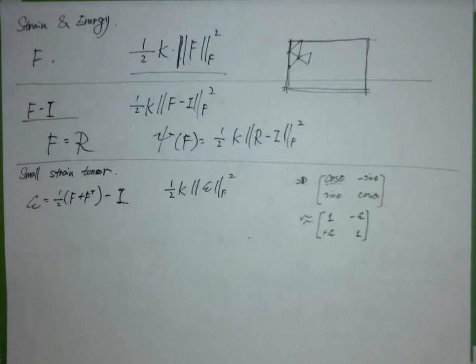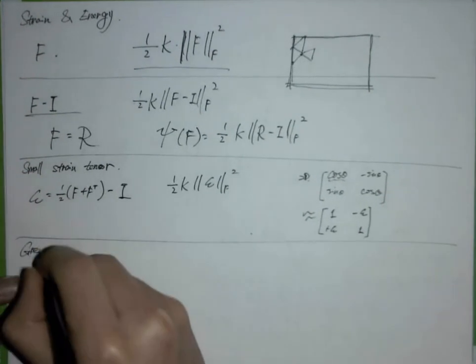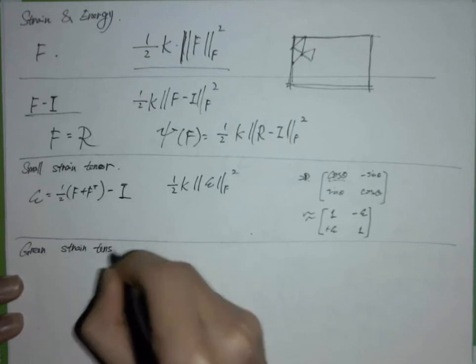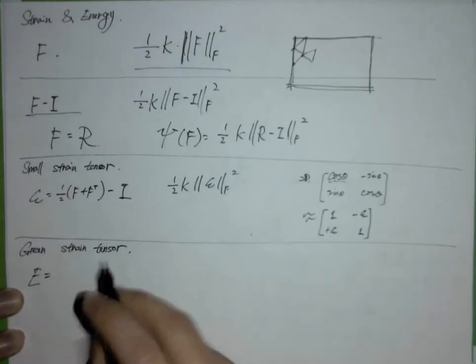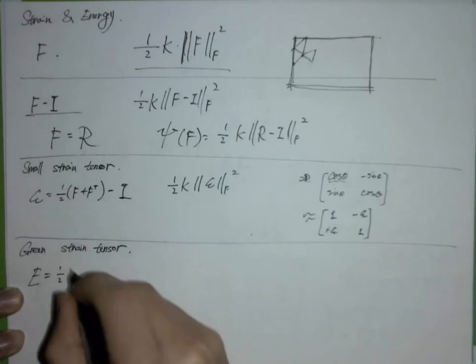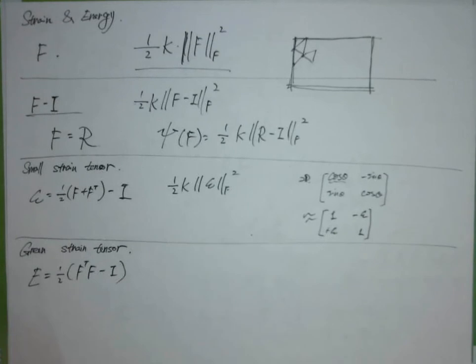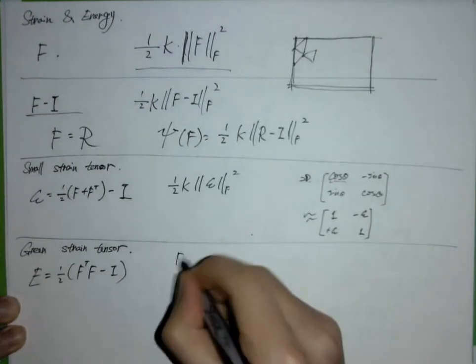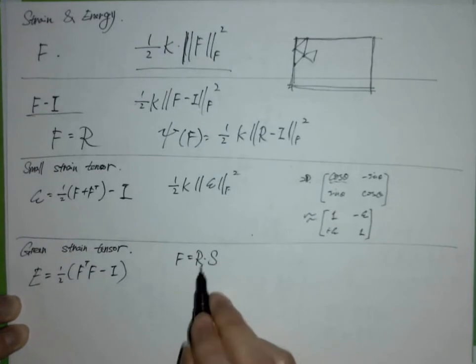Okay, and then we also have the Green strain tensor. The Green strain tensor E equals 1/2 of F transpose F minus identity. F transpose F is a nice thing, because if you think of F as a polar decomposition, F equals R multiplied by S, where R is the rotation matrix and S is the symmetric part.